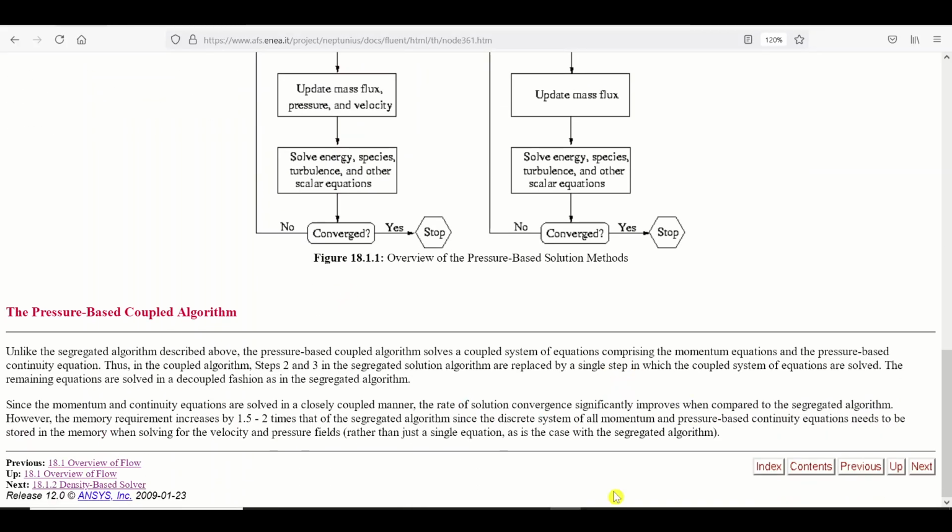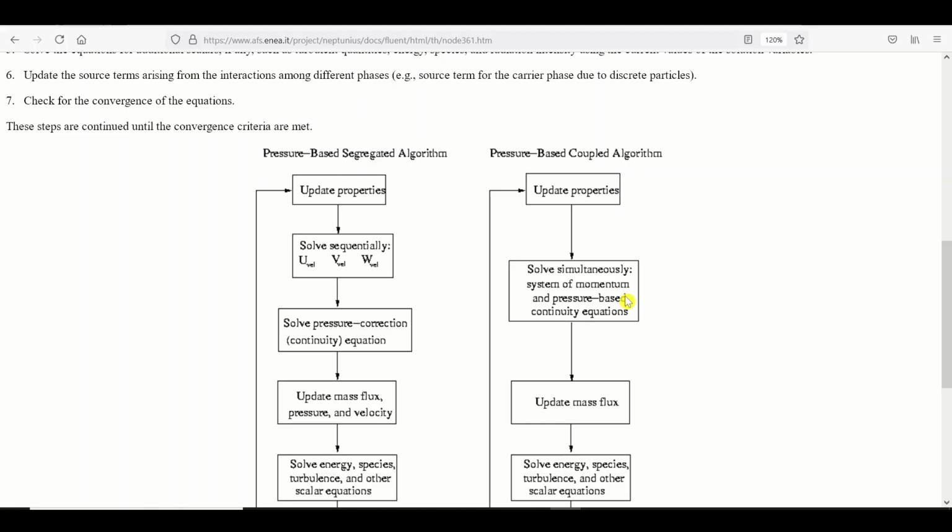But there is a downside to this, that is, the memory requirement increases approximately 1.5 to 2 times that of the segregated algorithm. As we are solving them together, there are a lot of equations. If you're solving a three-dimensional flow, you'll have the momentum equation in three directions, that is u, v and w, right?